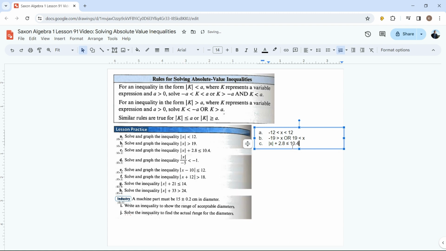10.4. Now, this is like an equation, and for now, I can treat this the same as I would an equation. I'm going to subtract 2.8 from both sides of my inequality. That is a valid thing for me to do as long as I'm doing the same thing to both sides.